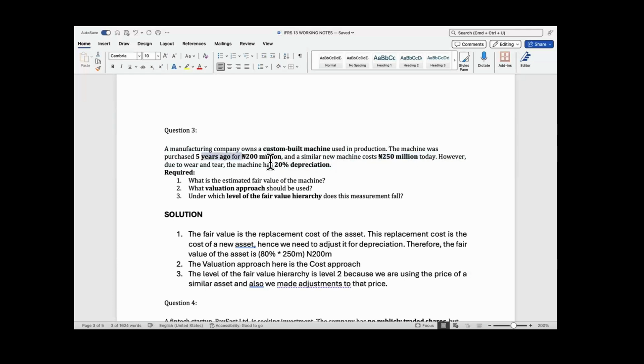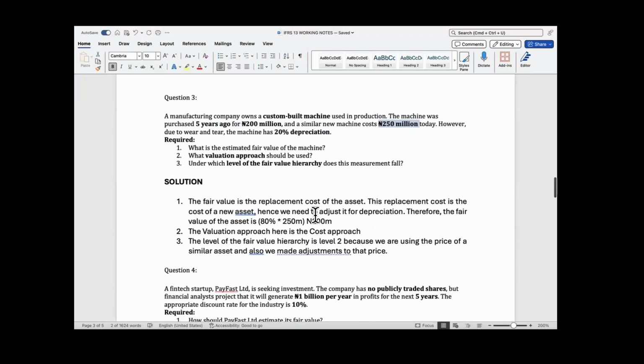So you will need to remove some depreciation. That's why the examiner gave us that, you see, this asset you bought 5 years ago, it has depreciated by 20%. So that means that if we are doing any fair value today, depreciate down by 20%, so that whatever balance is your fair value, which is why when I wanted to get fair value, I did 80%.